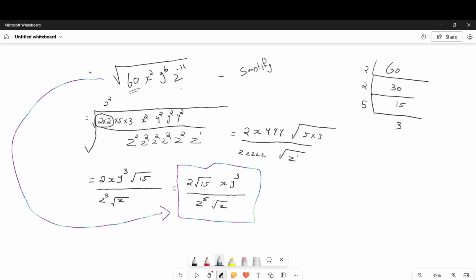For further calculation or problem solving, this kind of simplified form is very useful. Always keep in mind, when we have an expression, break it into pieces, pull the perfect squares out, and make it a simplified form. Then only can we analyze it and think about what to do next, if we need a simplified form.